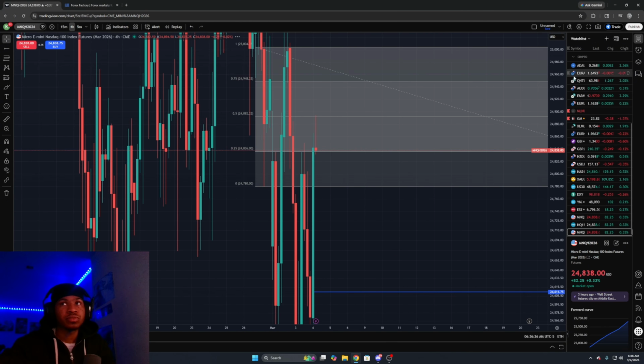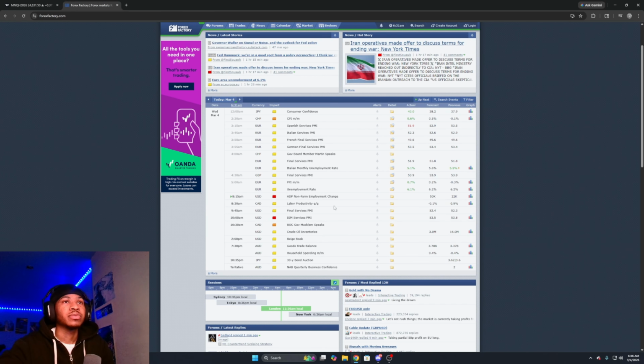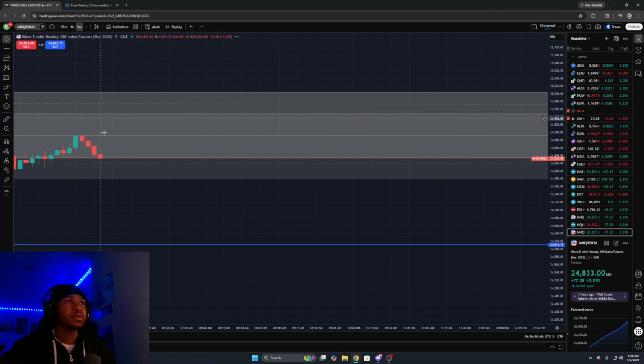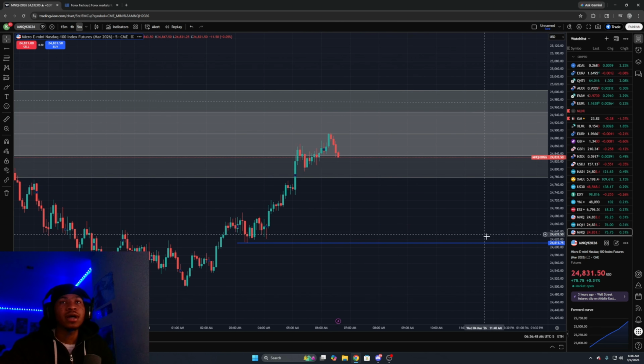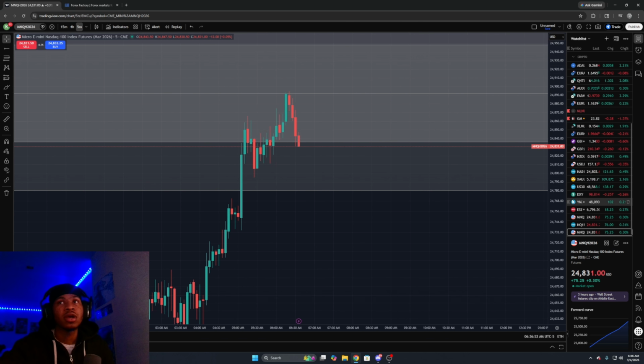But cool. This is now the 6 o'clock. This is the 6 o'clock 4 hour. This is the 4 hour candle that started at 6 o'clock. And we have news coming at 8:15. This is what I think price is gonna do. Right now, I think that price is bullish.